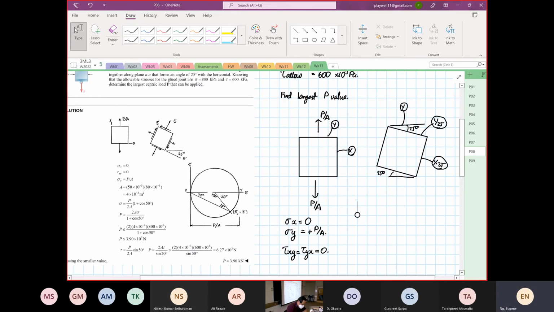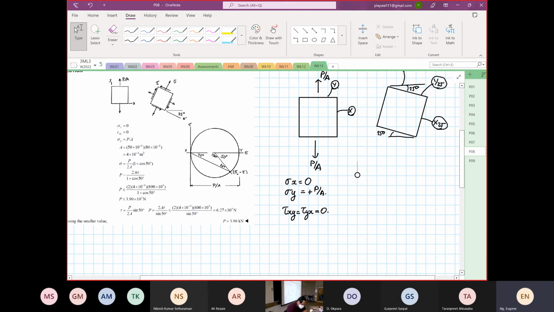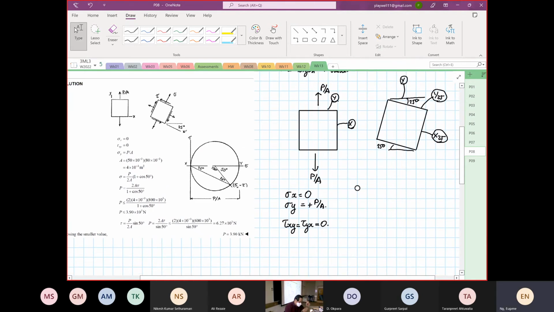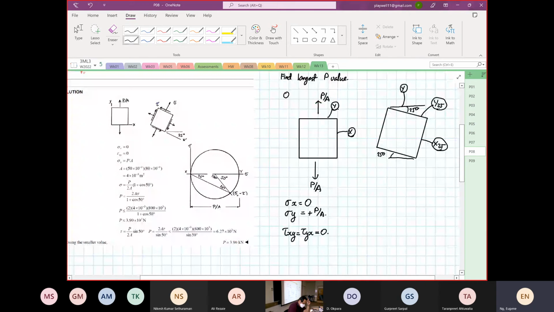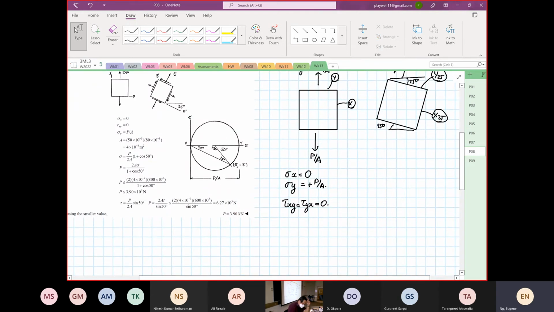So if we're going to sketch our Mohr's circle, regardless, the only common thing that we have, I'll call this 0 degrees orientation, and I'll call this 25 degrees orientation, right?